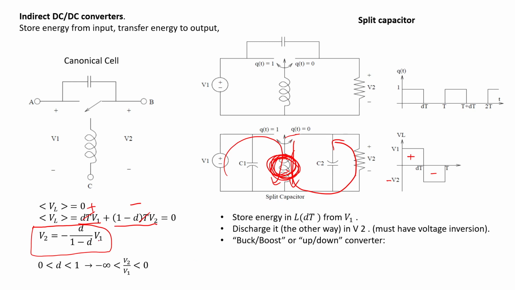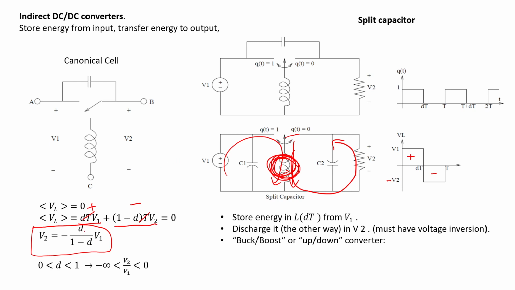Now let's see the behavior of the coefficient. Because d is taken from 0 to 1, 1 minus d is also taken from 0 to 1, and then d over 1 minus d can become 0 or can increase to infinity. Why?